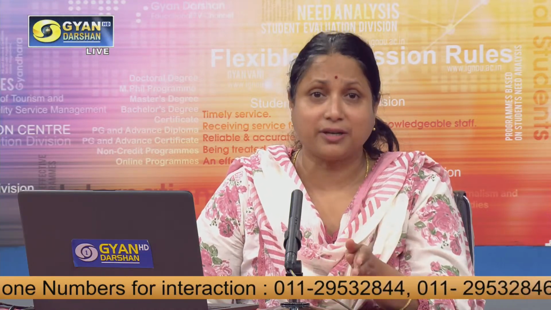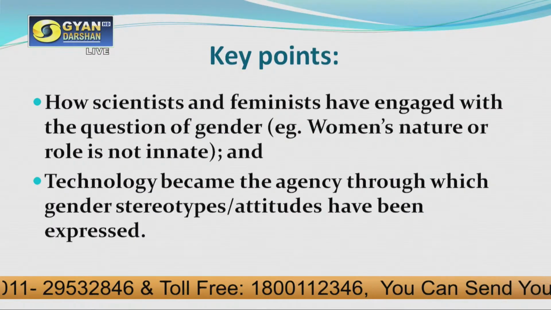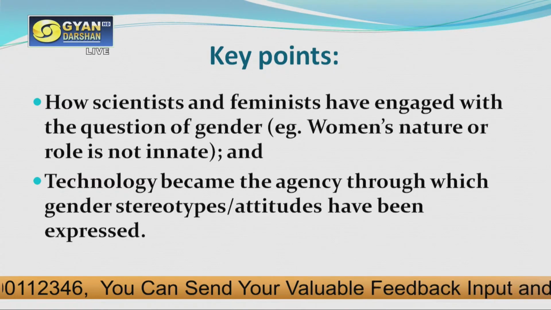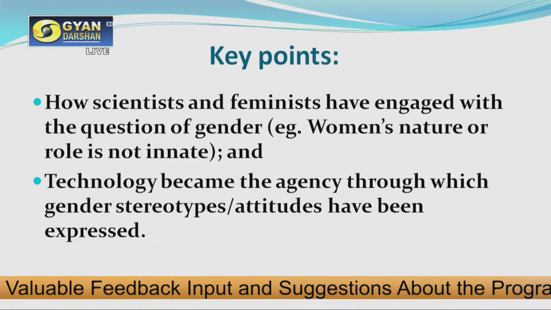Therefore, in this course, there is more of an argument which looks into how the practice, culture and structure of science is gendered in nature, or how there is an androcentric view of the scientific knowledge production process. Other key points include how scientists and feminists have engaged with the question of gender, and how technology became the agency through which gender stereotypes and attitudes have been expressed.